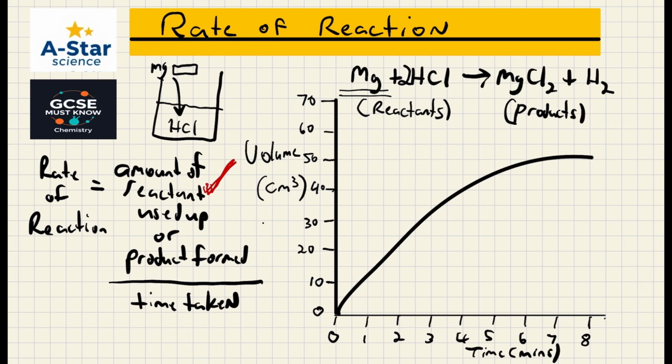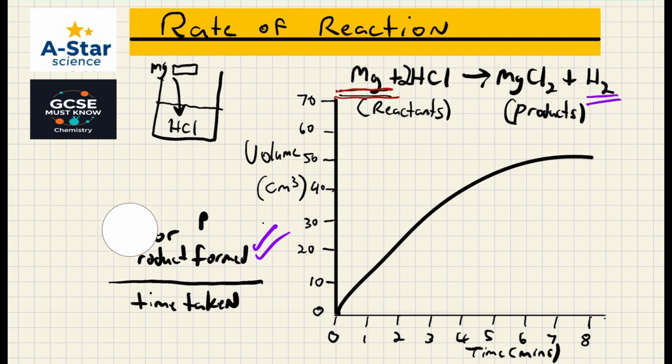But on the other side, we know that a gas is going to be formed, hydrogen gas. And so we could also measure that as the product formed and look at that over the time taken. So either way, we could measure the rate of reaction using this particular formula.